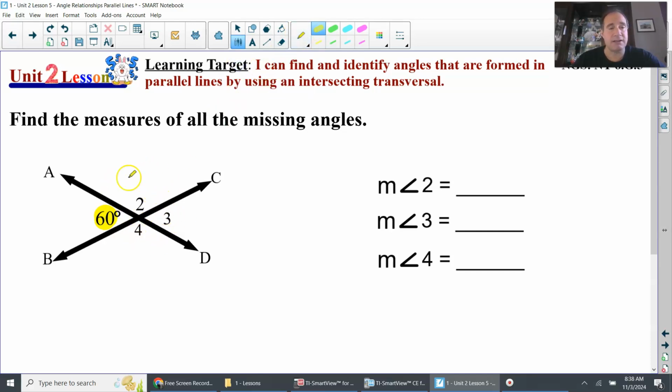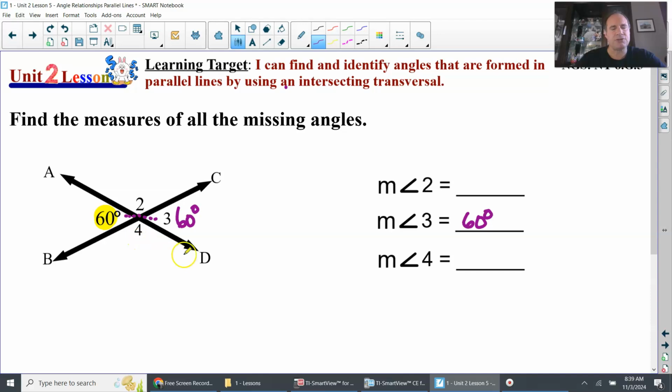They're asking about the measures of all the different angles, but what angle is vertical to that one? Vertically right across from it is angle 3, and I'm going to put that in. Just remember, write the angle down. Angle 3 is 60 degrees. These are vertical angles. Vertical angles are congruent, and that's about it.